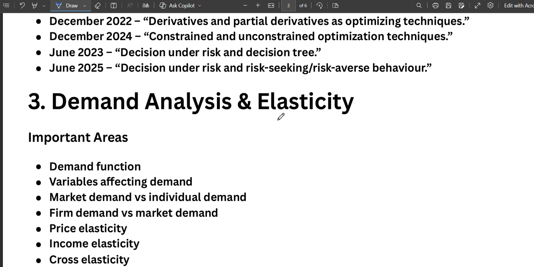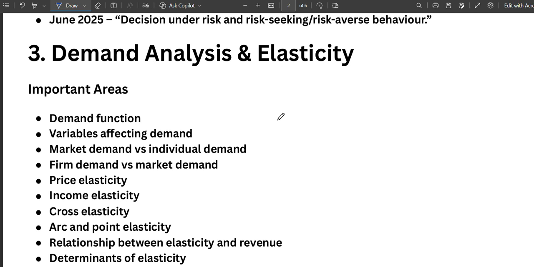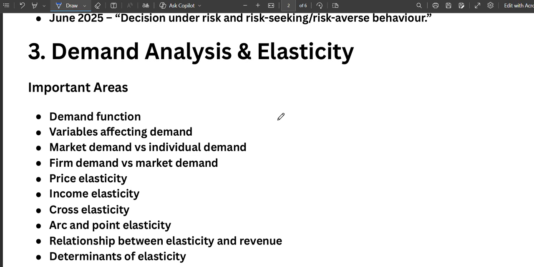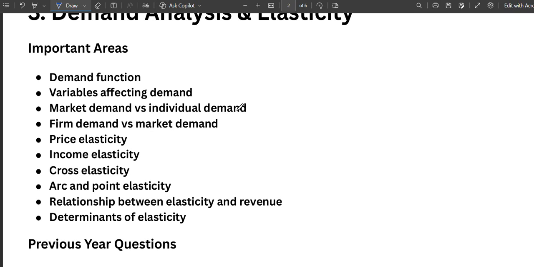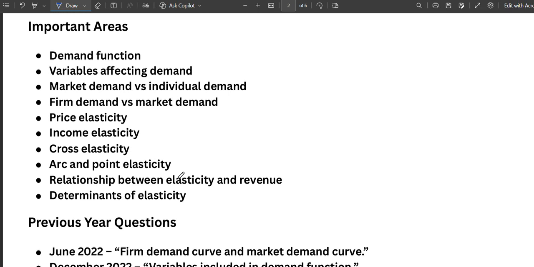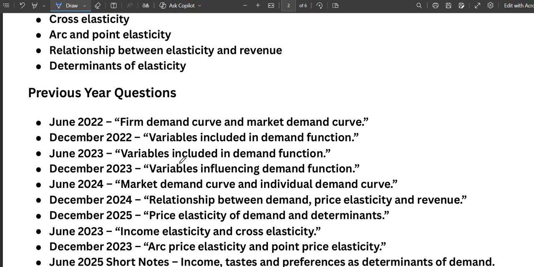The next topic is demand analysis and elasticity. The main topics are demand function, determinants of demand, price elasticity, cross elasticity, arc and point elasticity. The questions that have been asked from these topics are like what is a firm demand curve and a market demand curve.